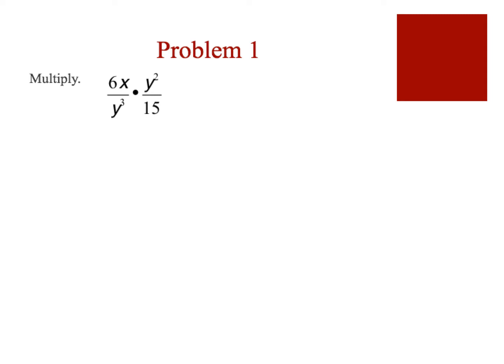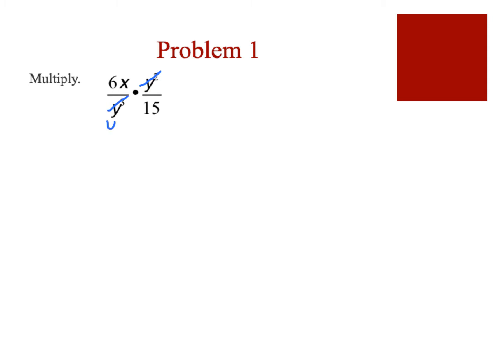Now we have 2 practice problems, and I'd like you to try these on your own. Pause the video and then check your work. The first one, multiply 6x divided by y cubed times y squared divided by 15. Okay, so first I see there's a y squared here and a y cubed.